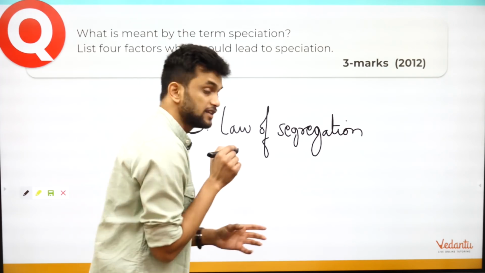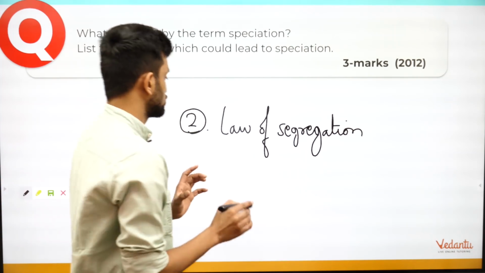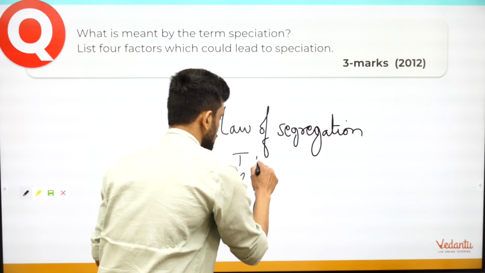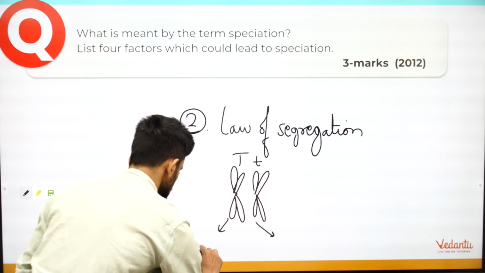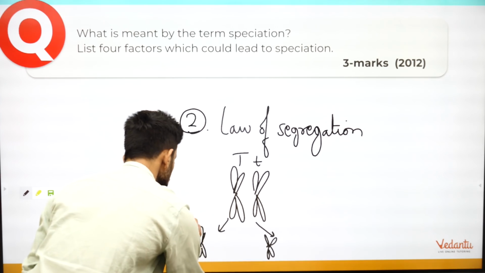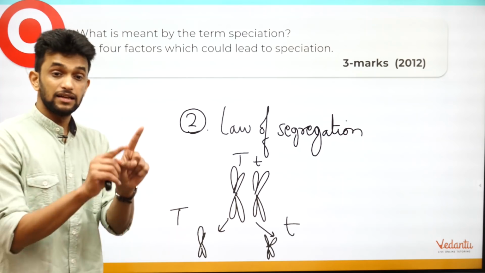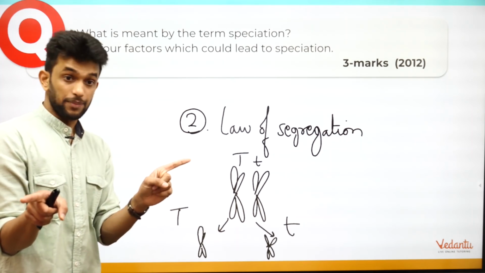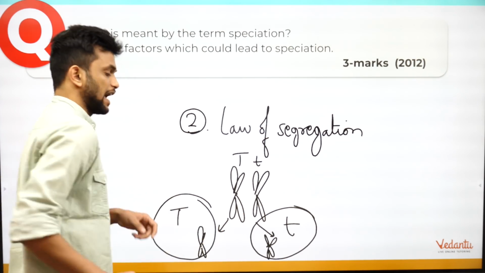Mendel said at the time of gamete formation, I told you, we studied in the reproduction chapter, the alleles get separated. So a sperm will be carrying this or an egg will be carrying these things.